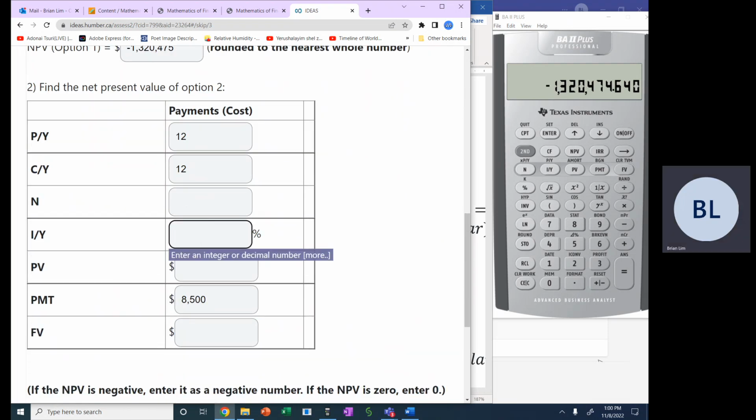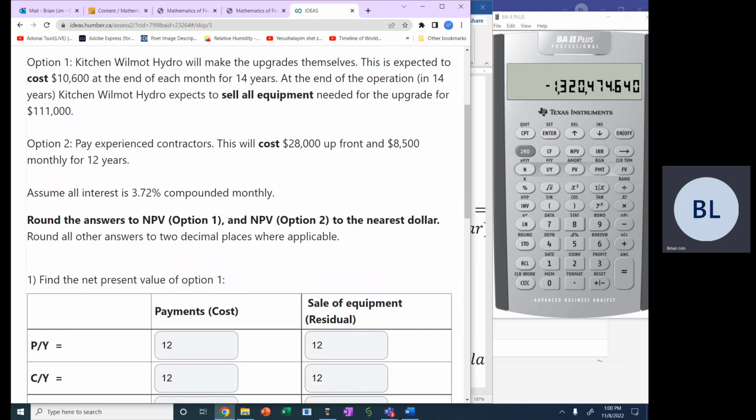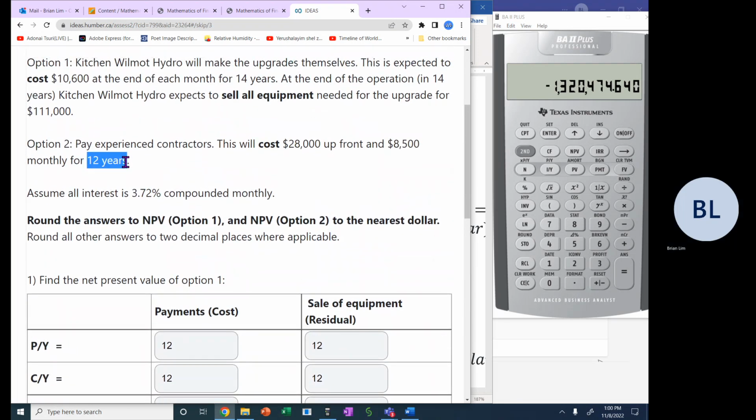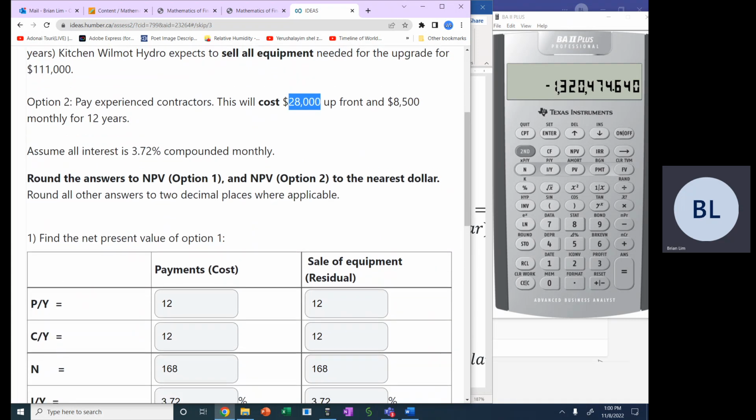So let's enter those numbers in so we don't lose track of them. Future value is 0, and N is for how many years? That has to be done for 12 years. It'll take the contractors 12 years. And of course, there's also an upfront amount of $28,000, but that is not entered into the calculation for the present value. That will be involved with the total.